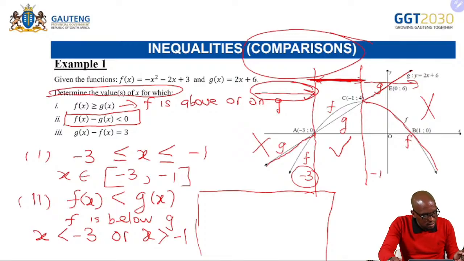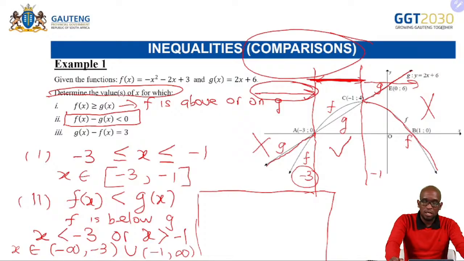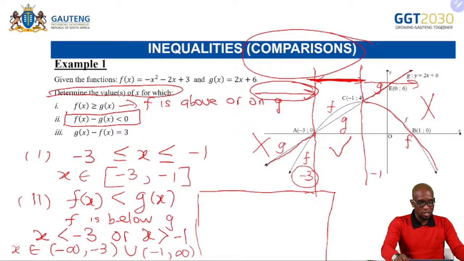If you want to write it in interval notation, you can write it as x an element of, we go from -infinity to -3, we unify the two, and then we can go from -1 to positive infinity. That's how you can write it when you use interval notation. So to save time, moving on, I'll only be using the inequality notation.